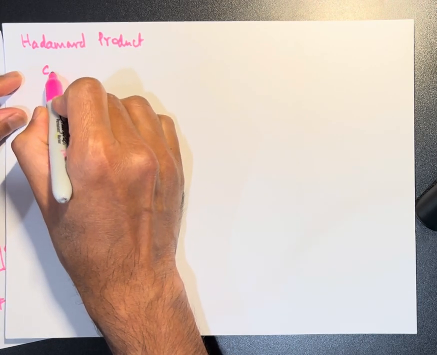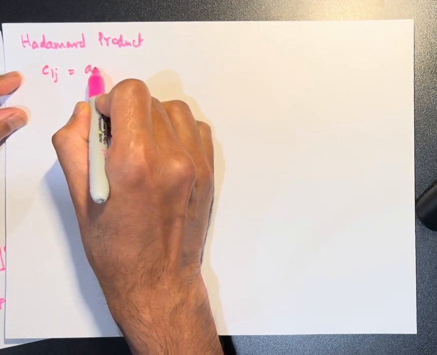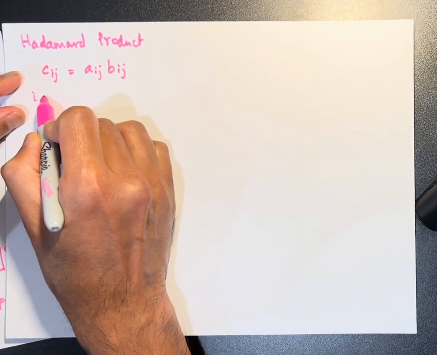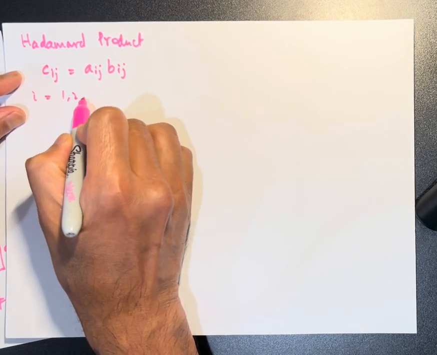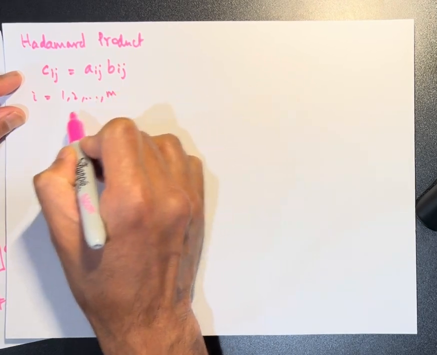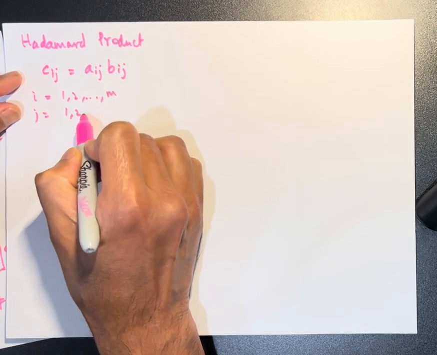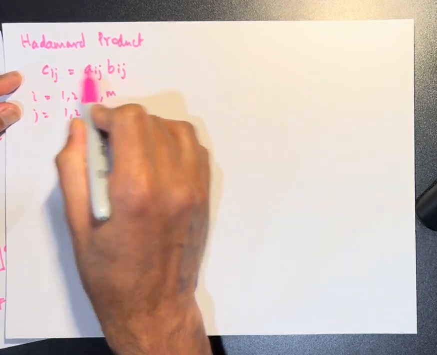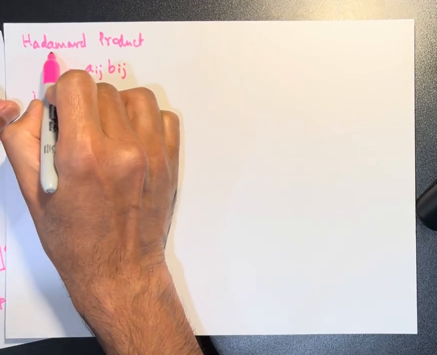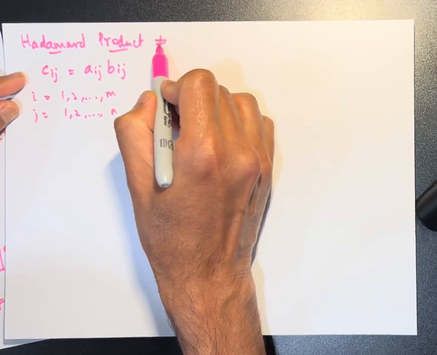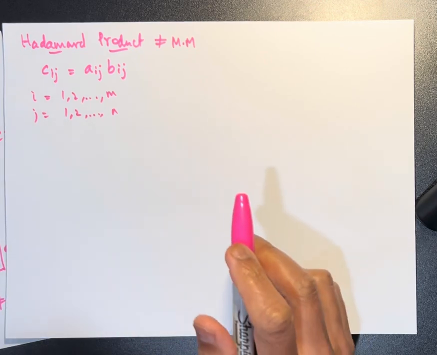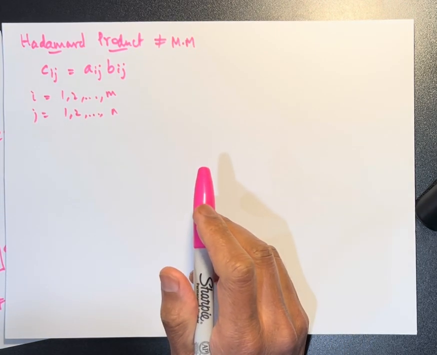Where you say Cij equal to Aij times Bij, with i equal to 1, 2 to M, j equal to 1, 2 to N, but these matrices are the same size, then only this whole thing is defined, right? So that's the Hadamard product, which is not equal to matrix multiplication. Okay, so that covers that part, so there should be no confusion there.